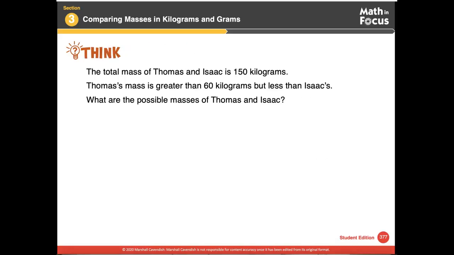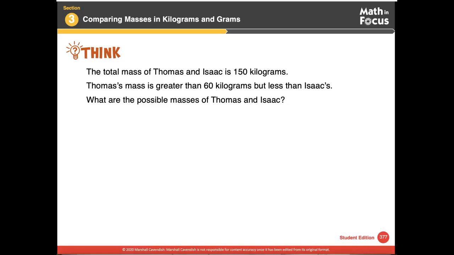Now we have a problem here that says the total mass of Thomas and Isaac is 150 kilograms. Thomas's mass is greater than 60 kilograms but less than Isaac's. What are the possible masses of Thomas and Isaac? We could sit there and think about it. We know that kilograms is more than grams because 100 grams equals 1 kilogram.